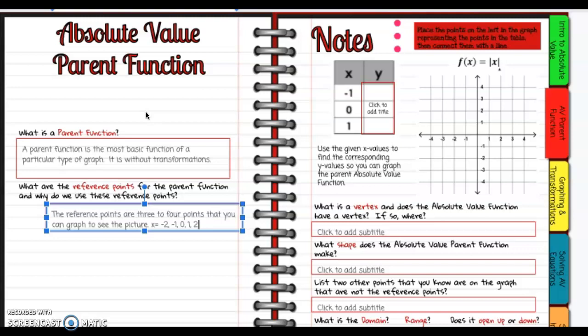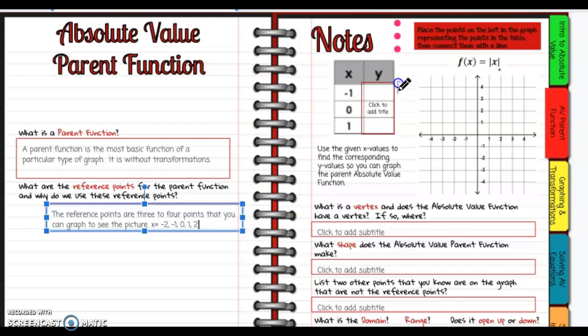So let's look over here at what the absolute value function is going to look like and what these actual points are. So the absolute value parent function is this right here. F of x equals the absolute value of x. Now, in your interactive notebook, I've gone ahead and I've placed these dots here, and so we're going to fill out this table based on the parent function f of x equals the absolute value of x. We're going to fill out what these reference points are. So if I plug in a -1 for x, that's going to go right here.